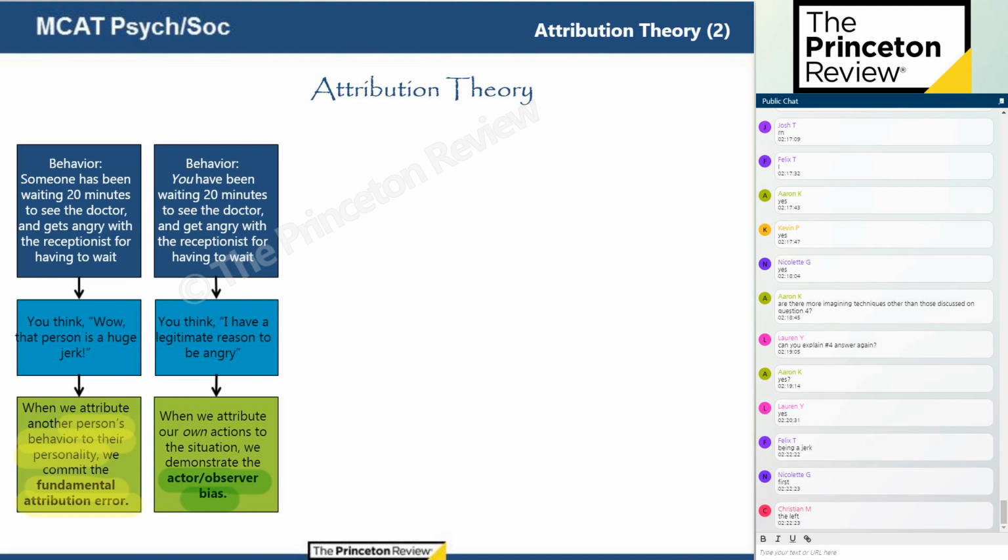When we tend to attribute our own actions to the situation rather than internally, that is the actor-observer bias. Okay, these two things try to help us figure out, give us context, understanding, a way to categorize. Why is it people are behaving badly?